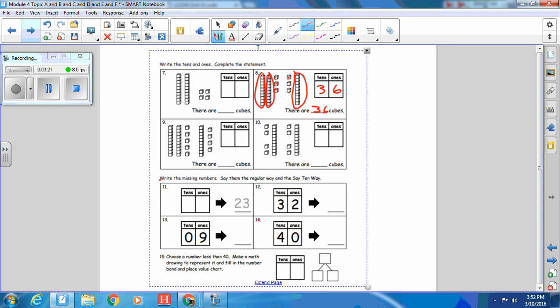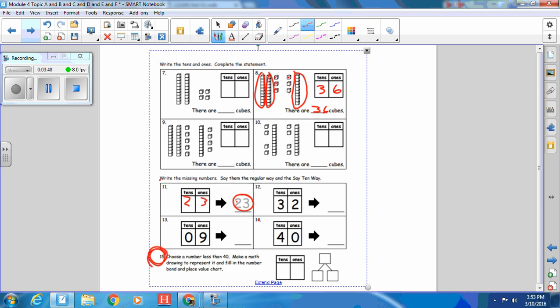For 11 through 14, they are taking the number they're given and breaking it apart. It's not a 2 and a 3, it's a 23. I've got 2 10s, 3 ones. And really the students can do this easily, but it's more of a conversation piece. And then down on the bottom is kind of an extra credit bonus situation.